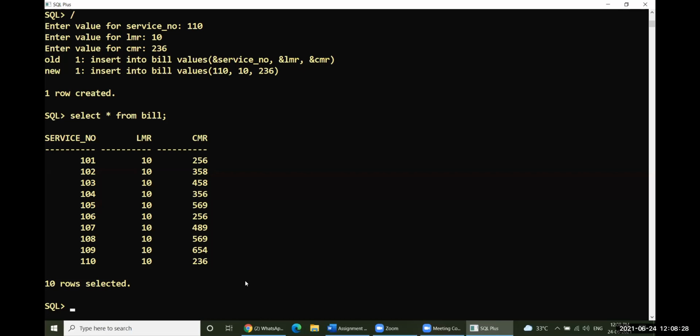So let me introduce at least 10 more rows, because it's very important to understand the specific comments here. Comments are very important to understand, and the solution for the given things is very important, of course.